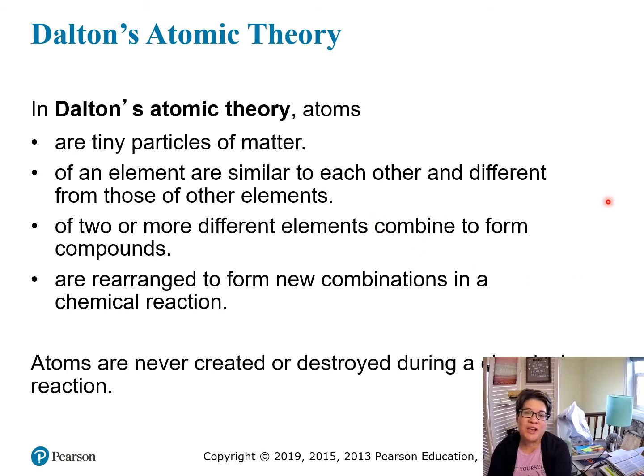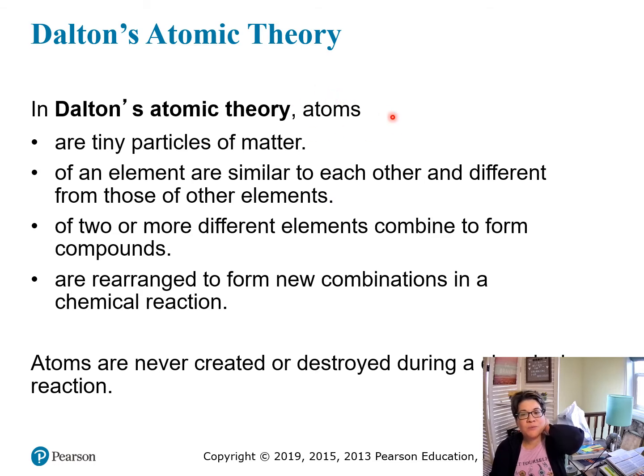Dalton was the one who came up with this theory, but there were people before him, thousands of years even before him, that were starting to think like, hey, if you take a material and rip it up into enough little pieces, you're going to get to its smallest particle, and that's basically what Dalton said. So these are the parts to Dalton's atomic theory. He said that atoms are tiny particles of matter.